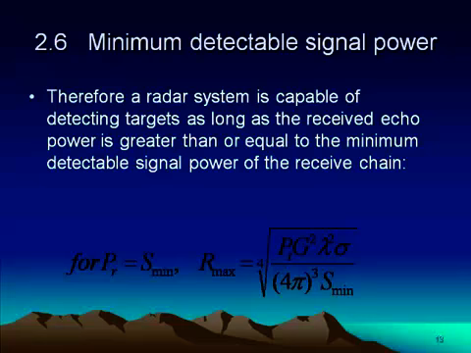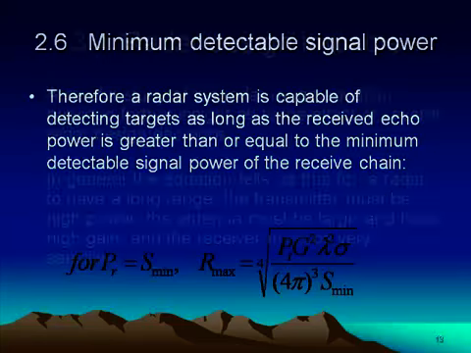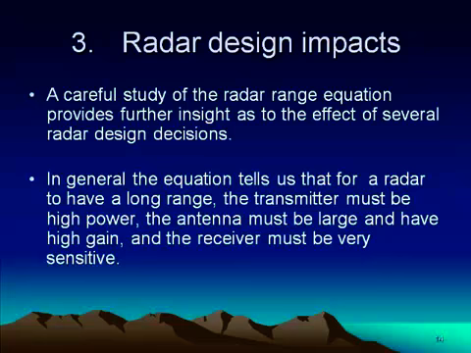That means if it has to detect targets which are hundreds of nautical miles away, then the transmitter power must be very high and the average power must also be quite large. That means the pulse amplitude must be quite high if the pulse width is going to be small.